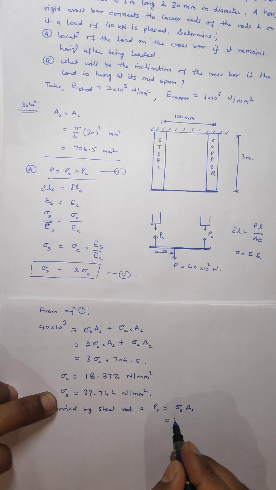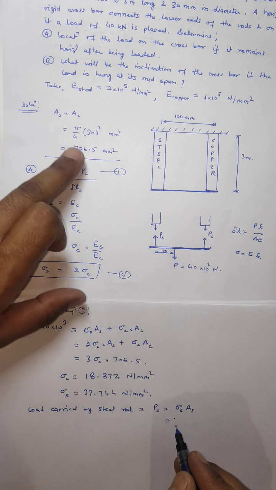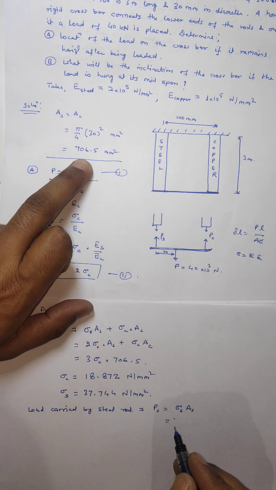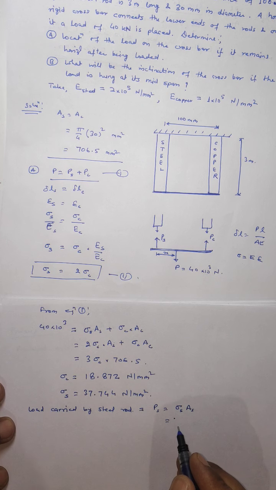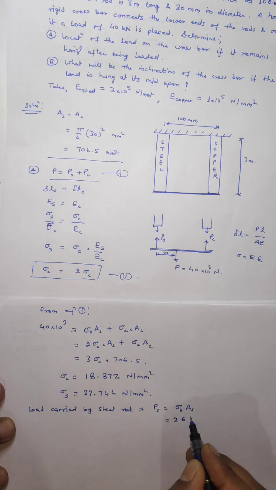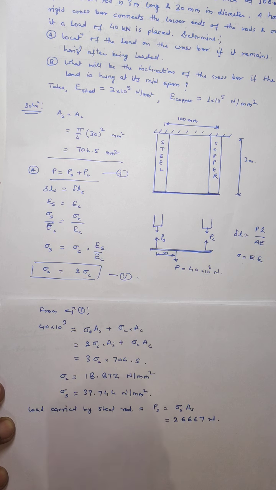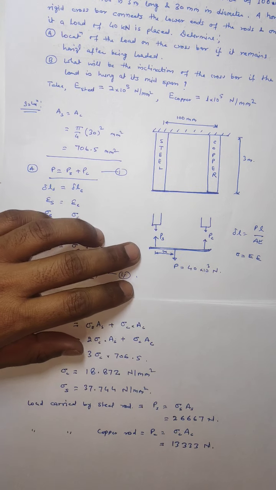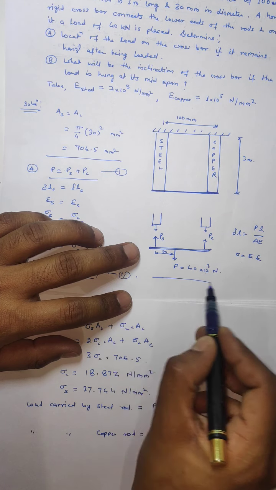So we can write here 37.744 into AS, which is 706.5 mm square. By putting these values we get a total of 26667 Newton on steel, and the load carried by the copper rod will be equal to sigma C AC. Its value will be 13333 Newton.